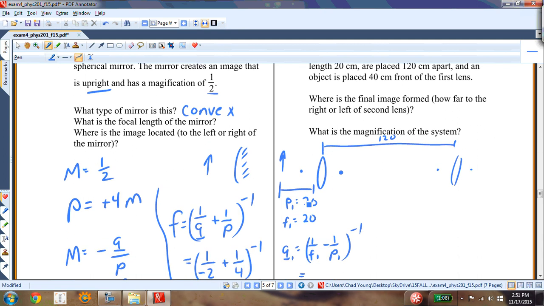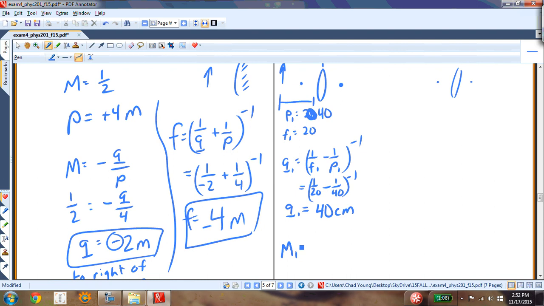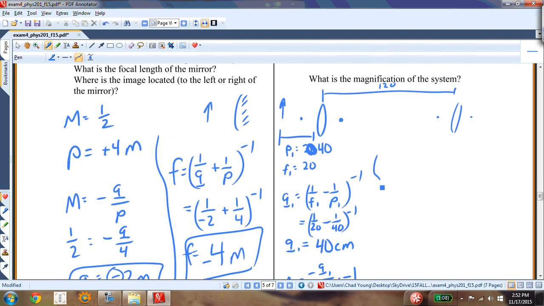Oh no, P1 is not 20, P1 is 40. So that's 1 over 20 minus 1 over 40. So that's 2 over 40 minus 1 over 40, that's 1 over 40. Inverse is 40 centimeters. So this is Q1. And then I can find my M1, magnification, negative Q1 over P1, which is negative 40 over 40, or negative 1. All right, so that's the first part.